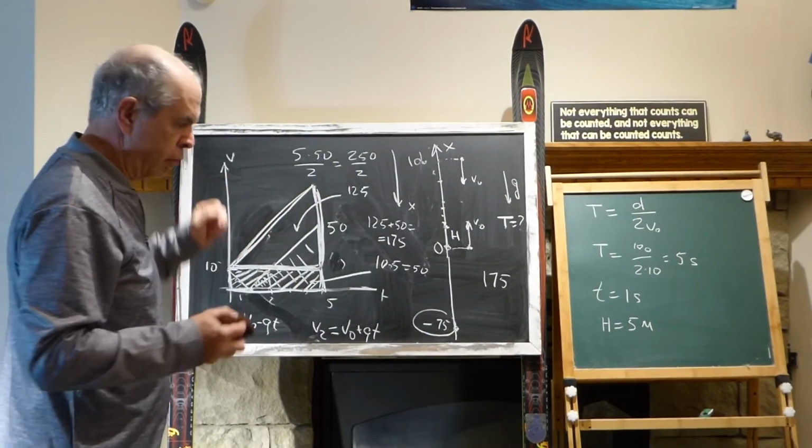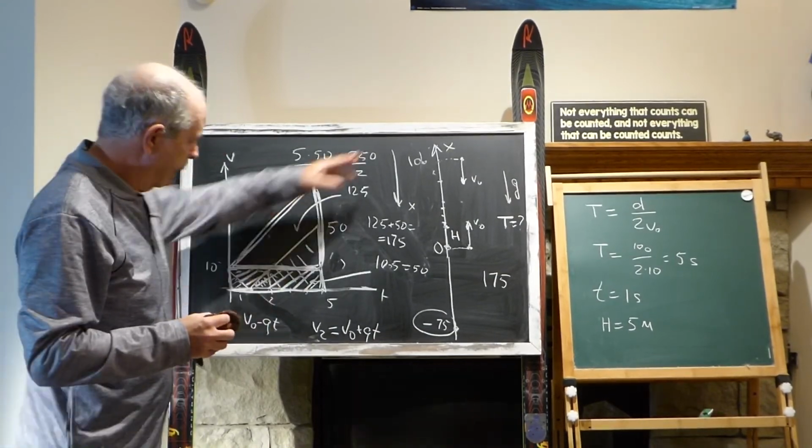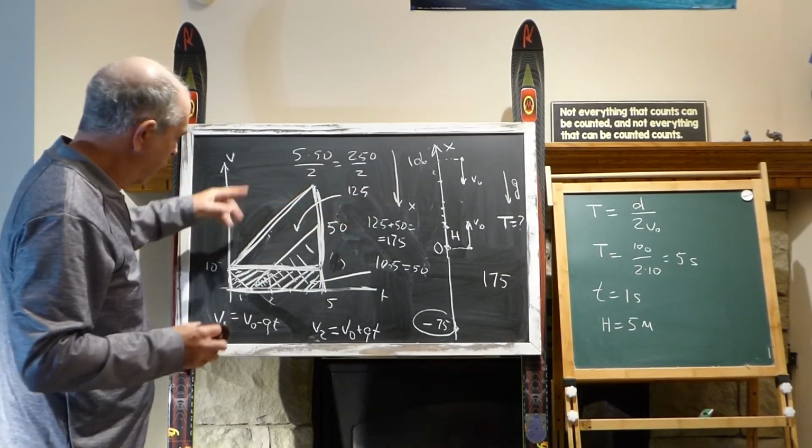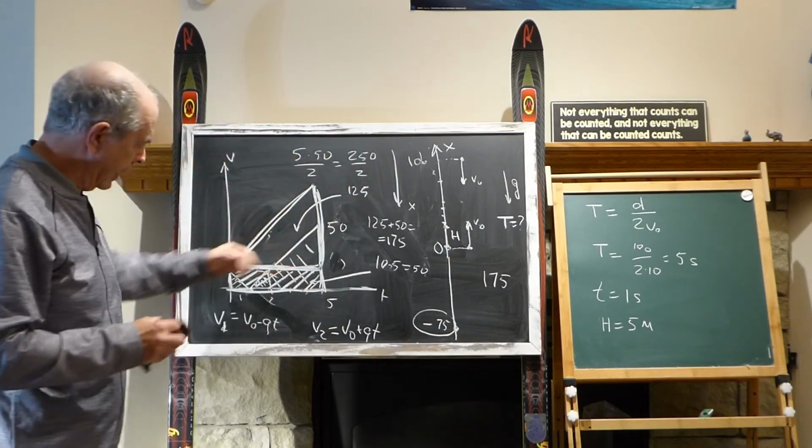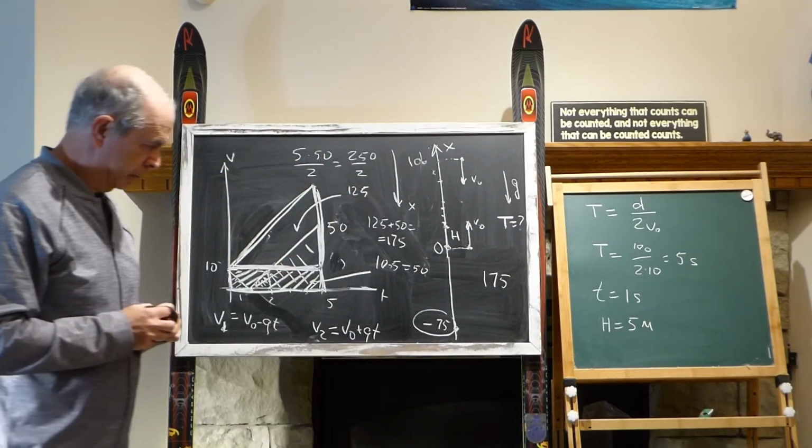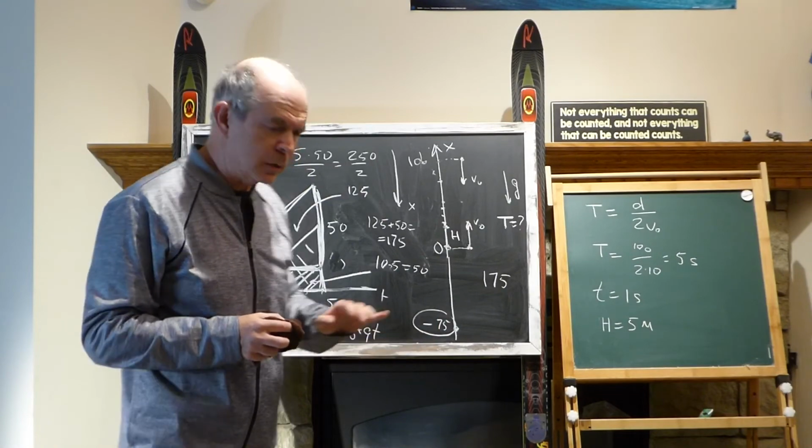So velocity has to be positive. That's why we put this x for the second body and we get this picture. And this concludes this problem.